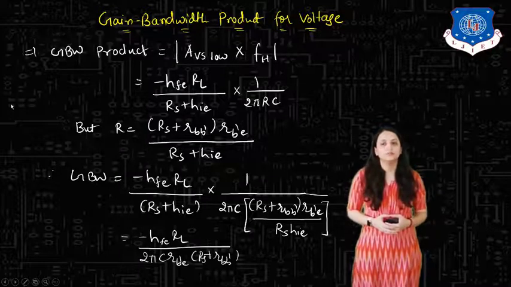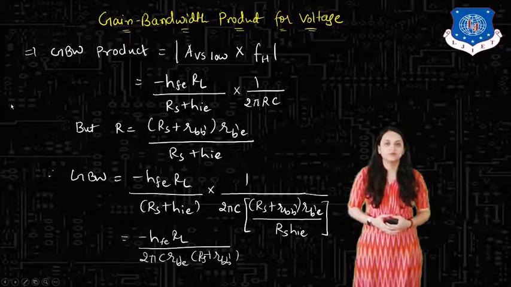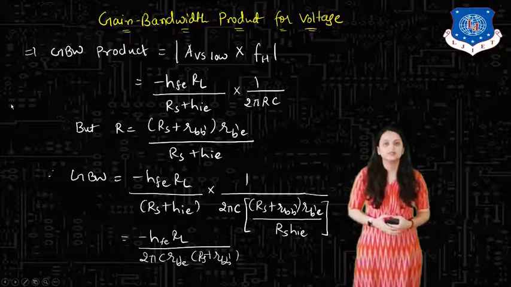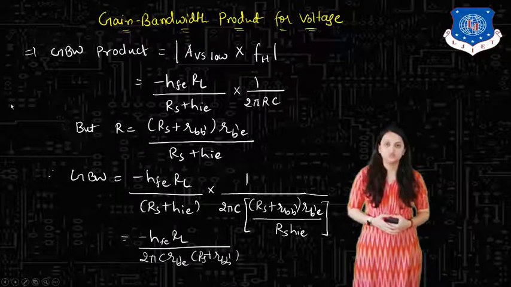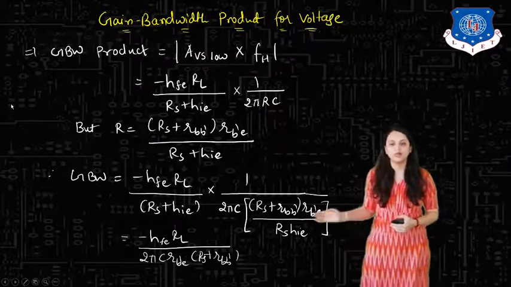So by placing these values in that equation, we will get the gain bandwidth product GBW, that is equal to minus hfe into RL divided by Rs plus hie into 1 upon 2 pi C, because we are placing the value of R into this.